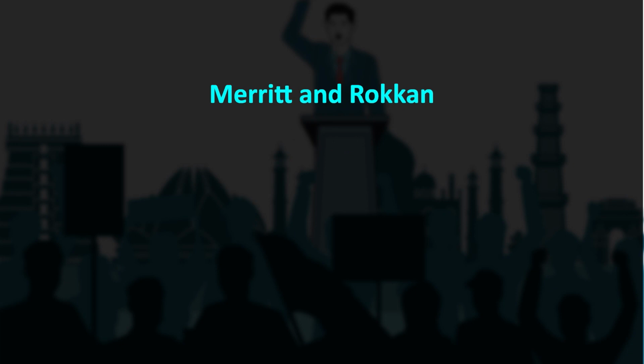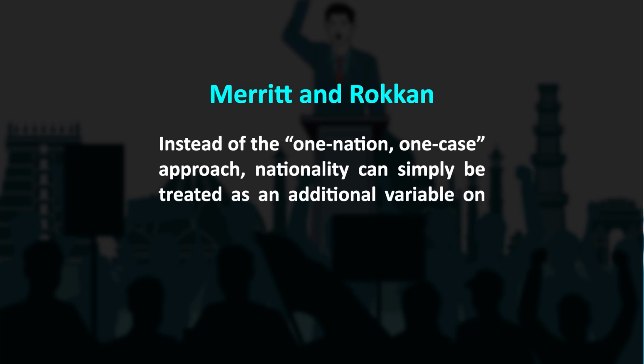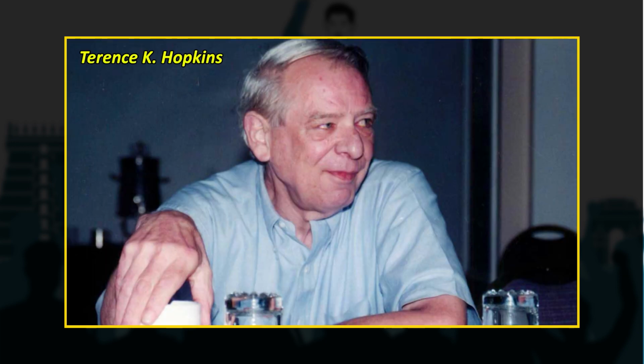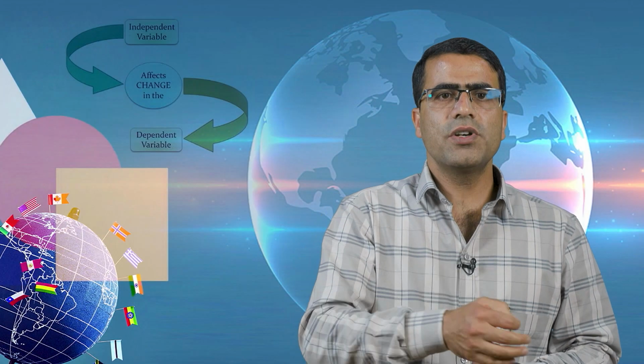As Merritt and Rokkan point out, instead of one nation one case approach, nationality can simply be treated as an additional variable on par with other individual attributes such as occupation, age, sex, type of neighborhood, and so on. Terence K. Hopkins and Immanuel Wallerstein make a similar distinction between truly cross-national studies in which total systems are the unit of analysis and multinational but cross-individual research.